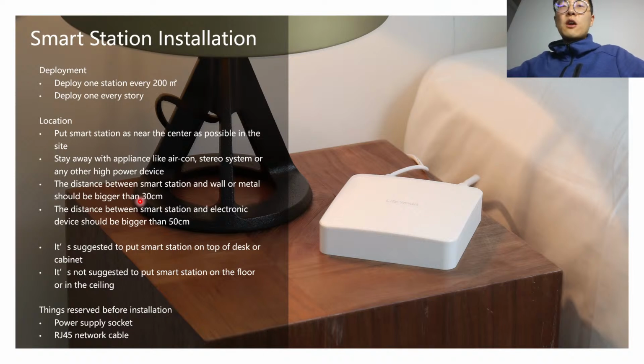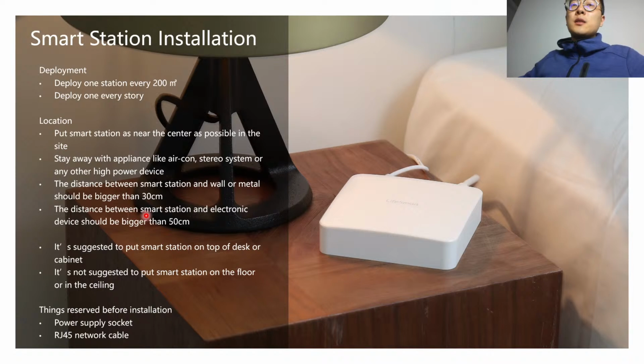If you put your cell phone into a metal case, it will completely block the wireless signal. You cannot make phone calls, you cannot get to the internet. For us, basically it's the same. We are using wireless technologies. So do not put our smart stations in any metal case or near big high power appliances, because those will interfere with our wireless signals.